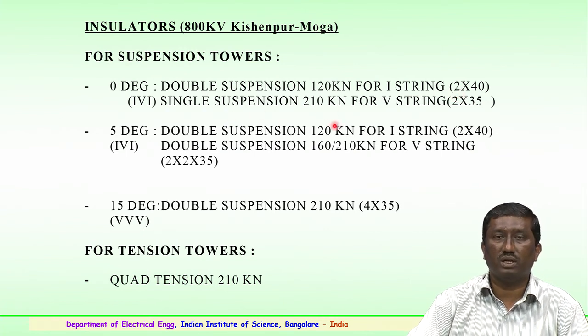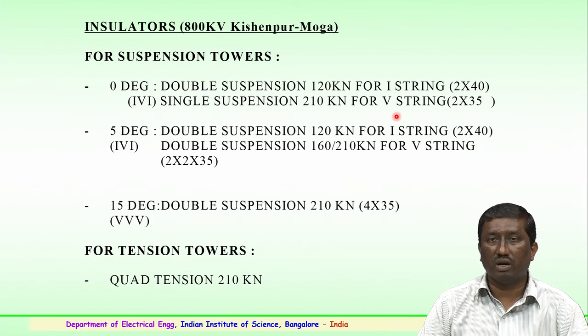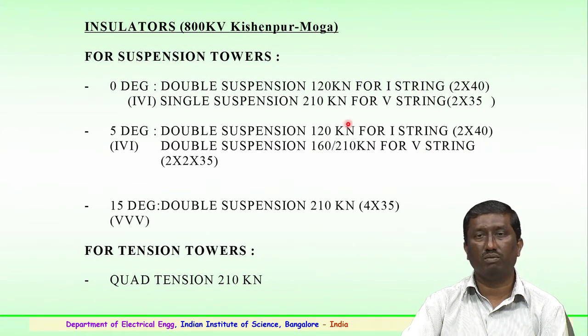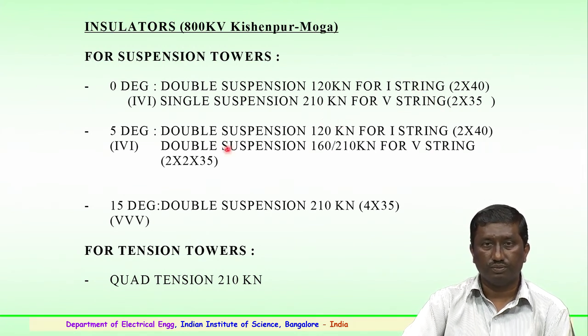If it is a single suspension, higher mechanical strength, that is 210 kilonewton, was used for a V type of arrangement, where one arm of the insulator string consists of 35. So, there are a total of 2 arms in a V type of arrangement, 35 and 35 in each arm, of 210 kilonewtons.